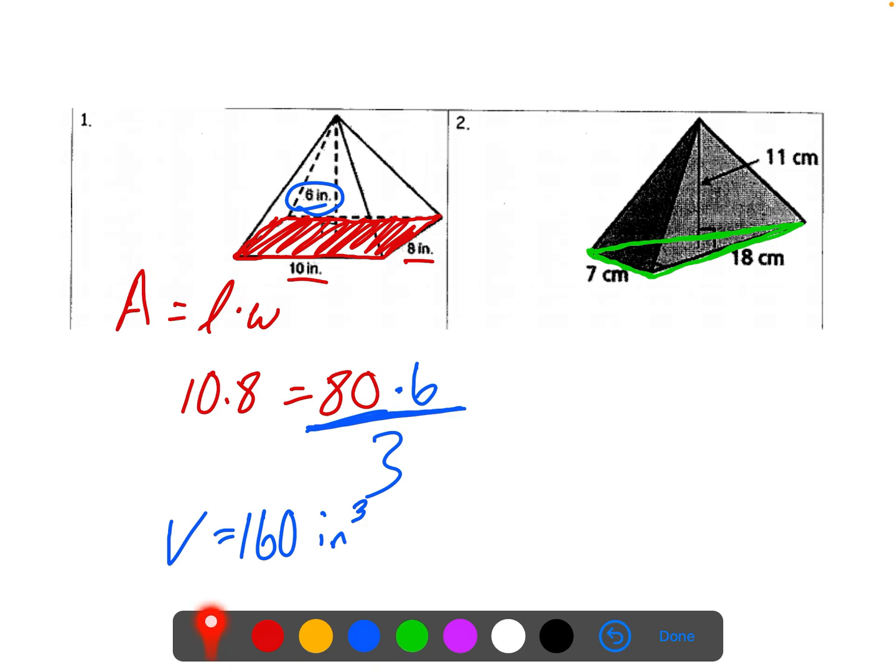That means when we find the area of the base, we need to take the base and height of the triangle and divide it by 2, or take half of it. So that would give us the area of our triangular base, and then we would follow the same process that we did here. Once we have the area of that base, we're going to multiply by the height. Because it's a pyramid, we'll divide that product by 3, and we should have the volume of this triangular pyramid.